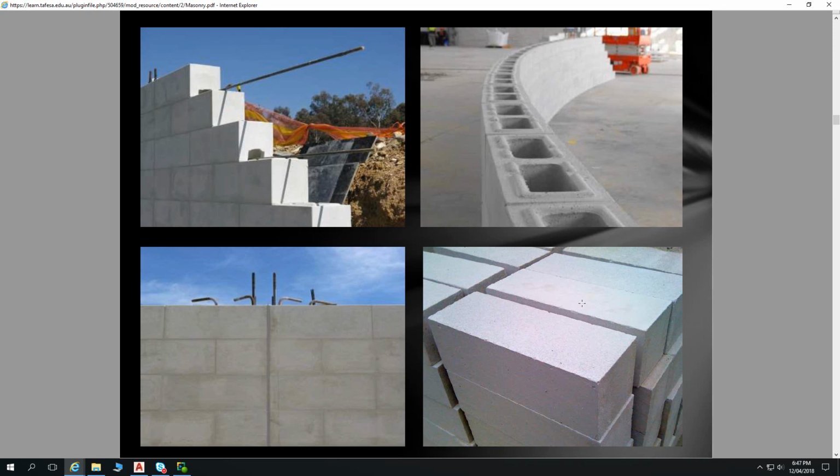That allows you to run reinforcing vertically up through one of those holes and fill that with concrete. So basically creating a concrete pier with reinforcing that's bonded on the inside of a wall. So that might be that you fill all of them with concrete and have reinforcing in all of them, or you might just do that every 1,200 centres or so.